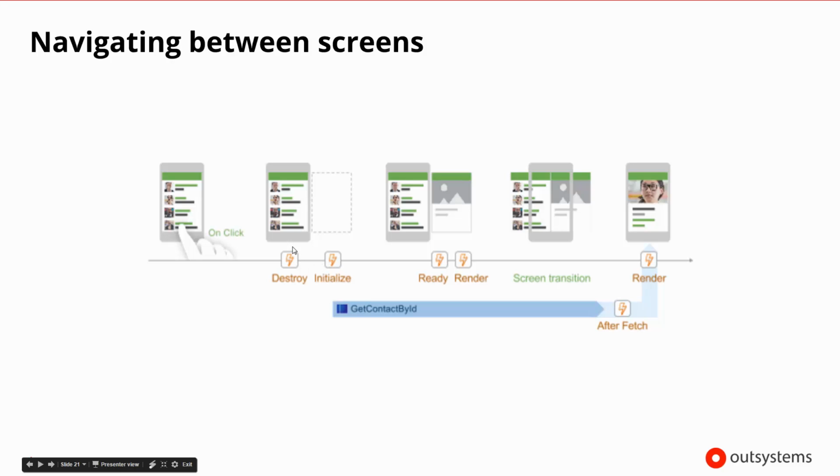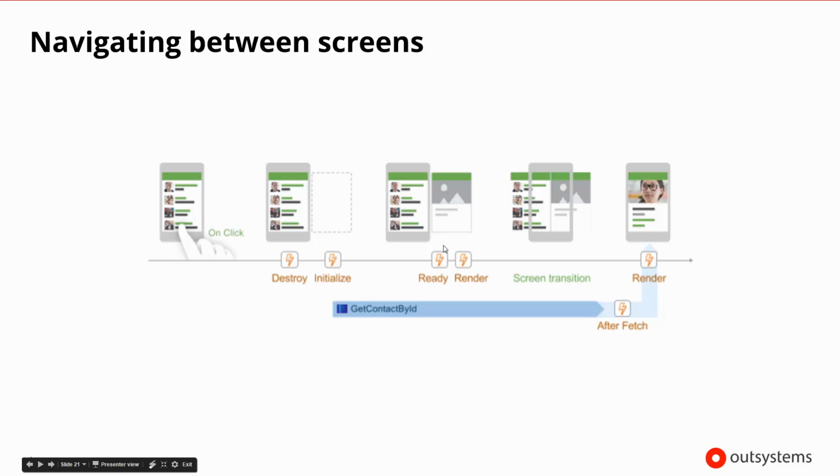So we understand that this is going to be destroyed. We start initializing the next page, and in initializing it, it will say, given that you've selected one of these contacts, let's get that contact information by ID. So we'll make the data request.